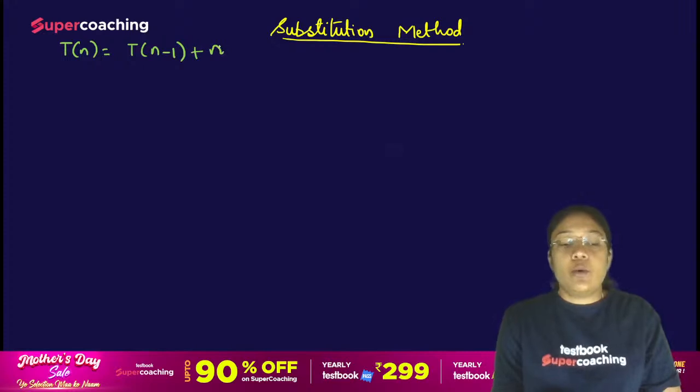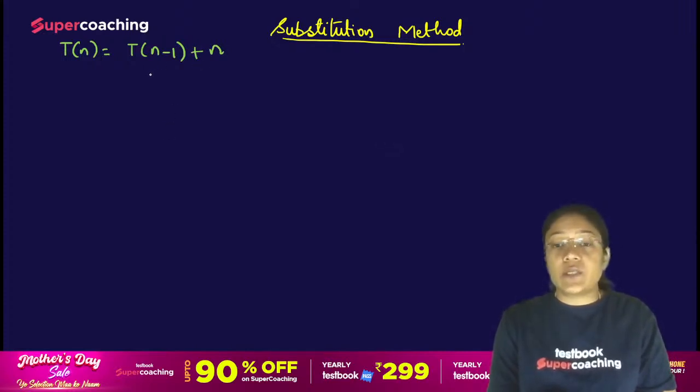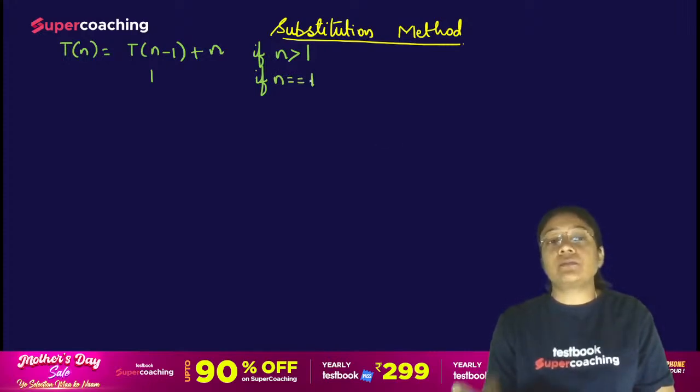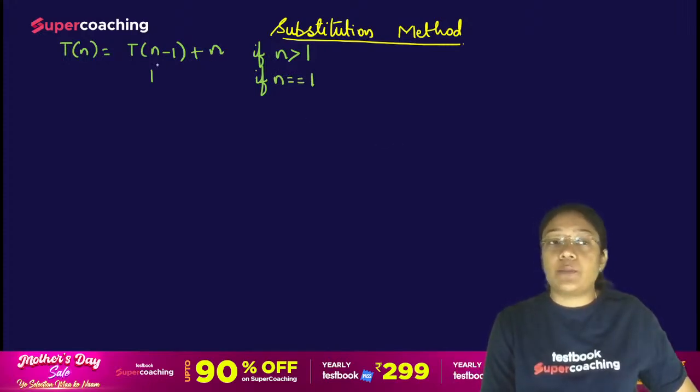So we need to mention two conditions, two statements. One is the recursive statement and the other one is the termination condition. When a function is making a call to itself, that means we are solving a larger problem in terms of the same function, in terms of itself. So that is the recursive statement. This is saying that T(n) is equal to T(n-1) plus n if n is greater than 1.